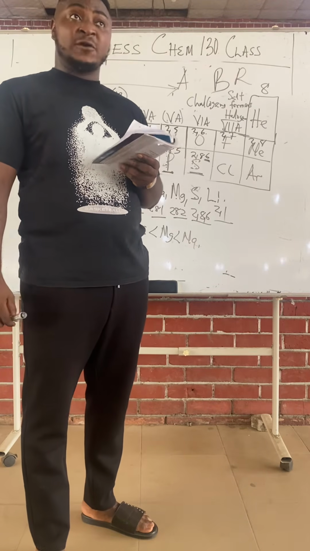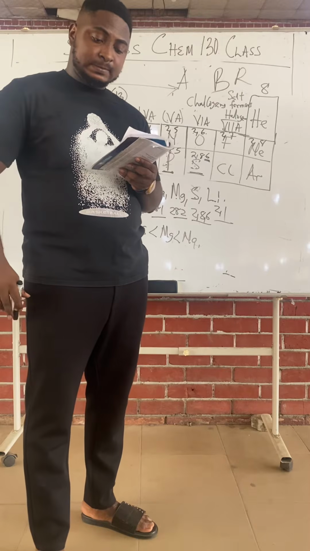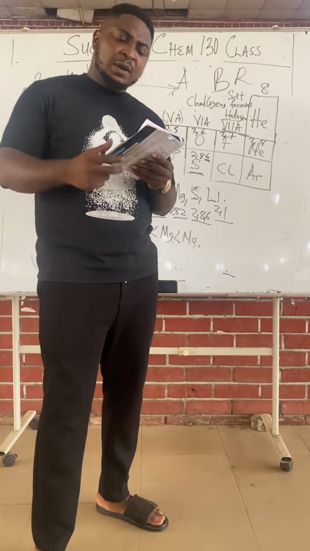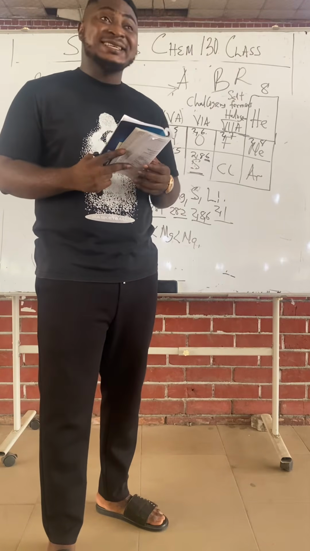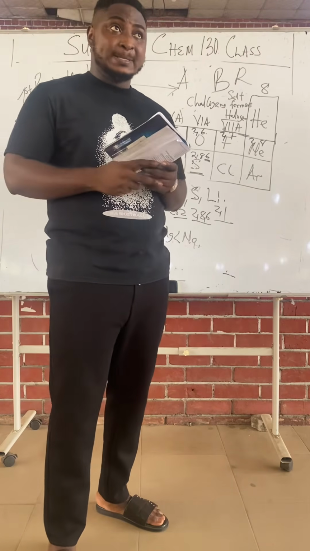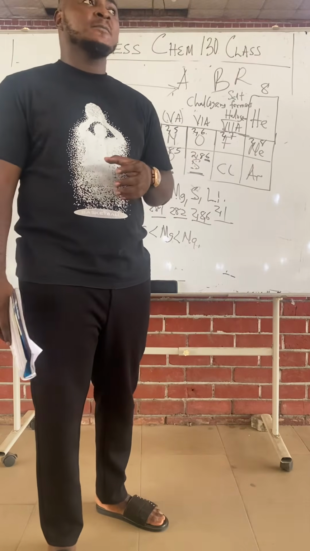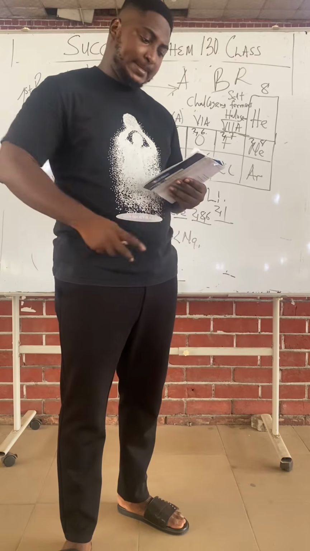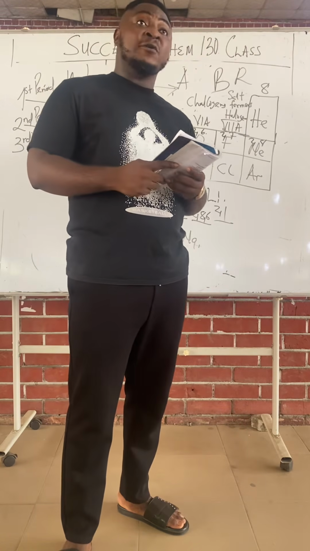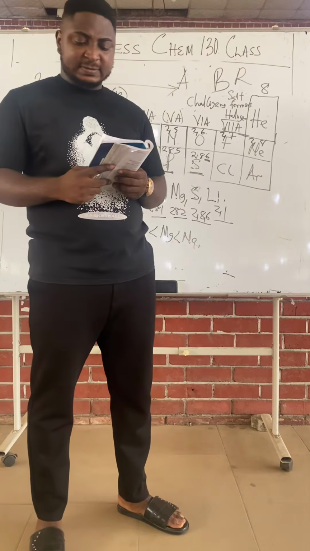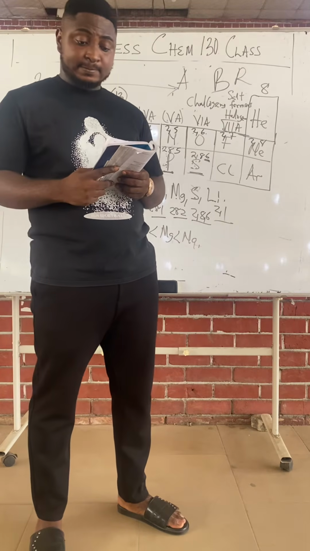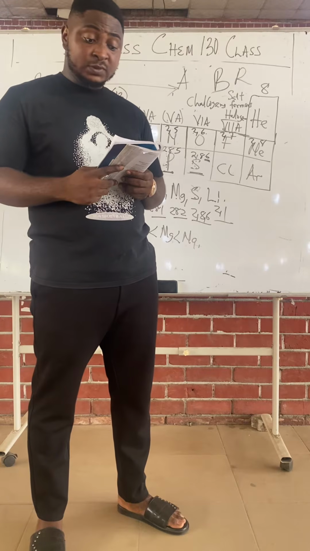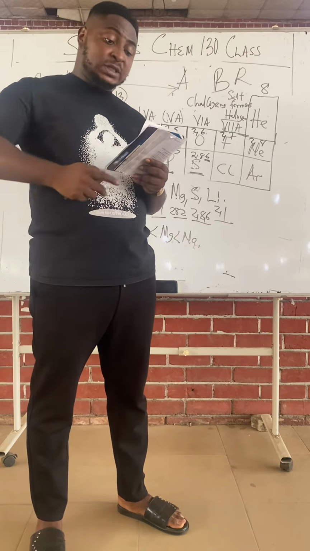When a positive ion is formed, the number of positive charges on the nucleus exceeds the number of electrons. When a positive ion is formed, the number of what?